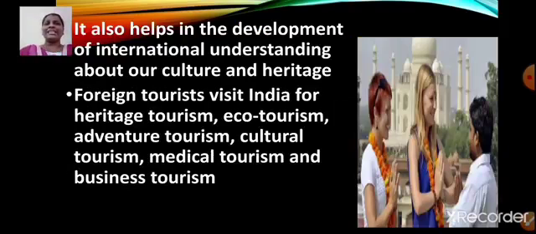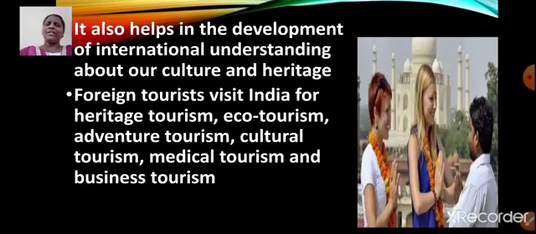It also helps in the development of international understanding about our culture and heritage. Foreign tourists visit India for heritage tourism, ecotourism, adventure tourism, cultural tourism, medical tourism and business tourism.